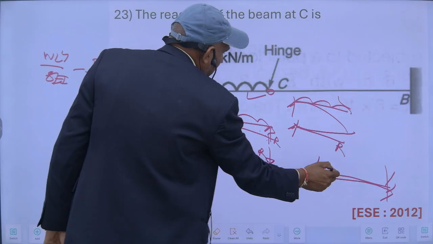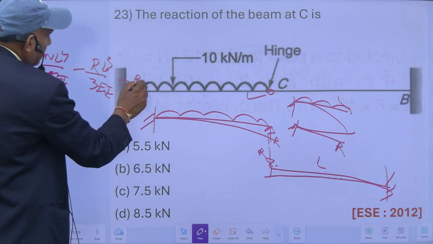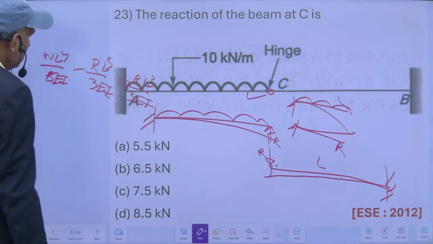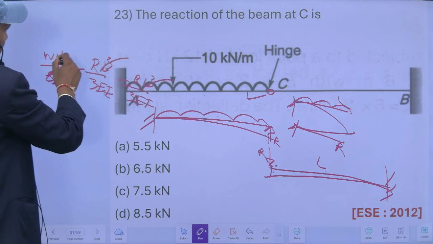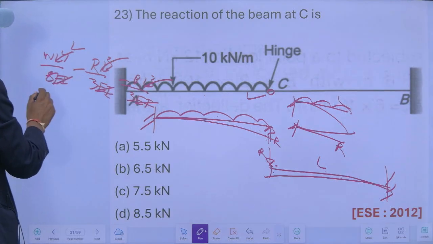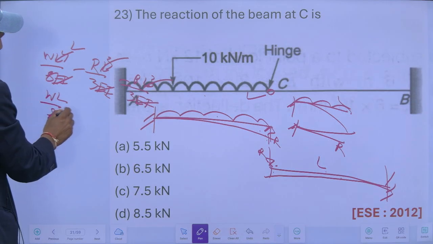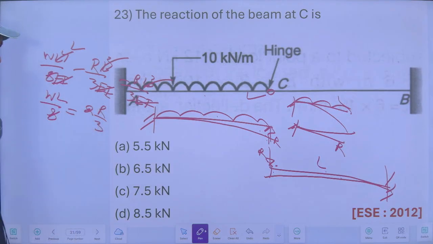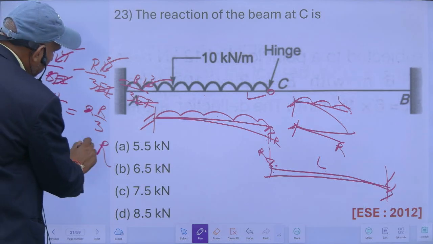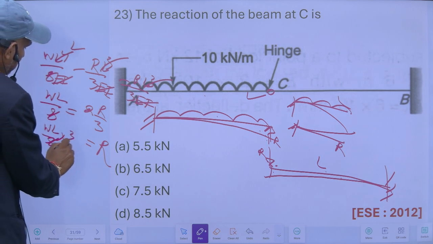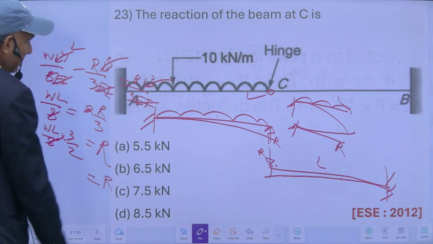which will be, this is L, this is L. So RL^3 upon 3EI. So WL upon 8 is equal to 2 times R upon 3. So this reaction is equal to WL upon 8 into 3 by 2, and W is what?